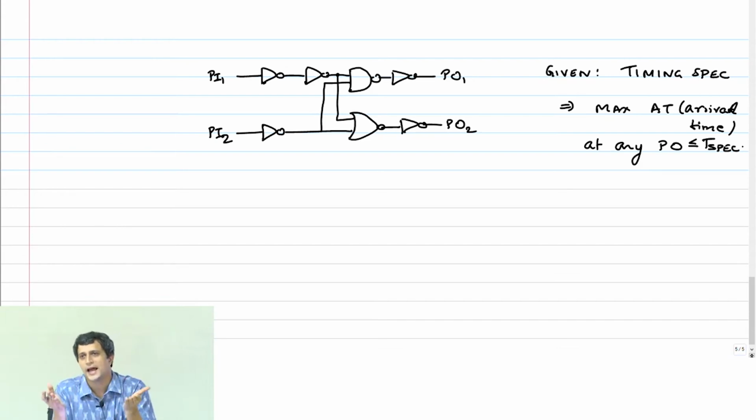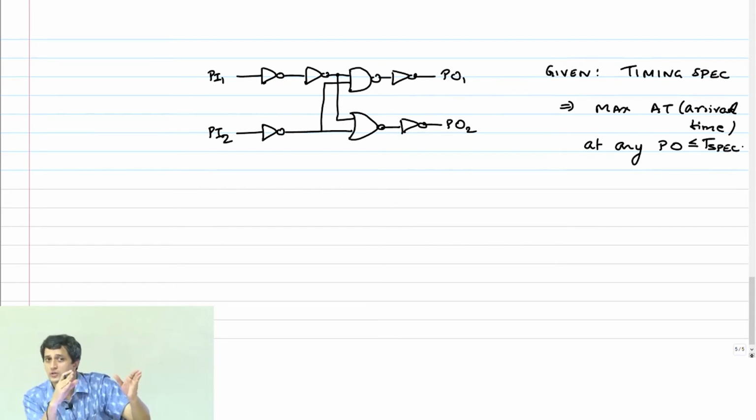Right? Only then I can guarantee that the circuit will function at this particular speed. There is no input combination that can cause the output to be stable after this T spec. That's what we have done here.